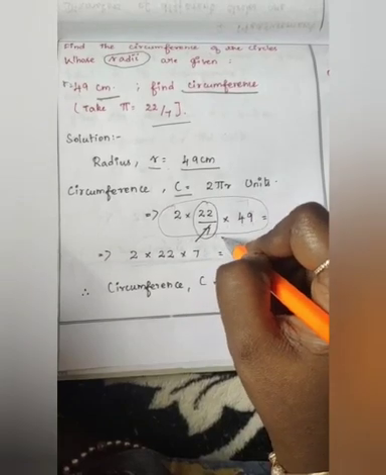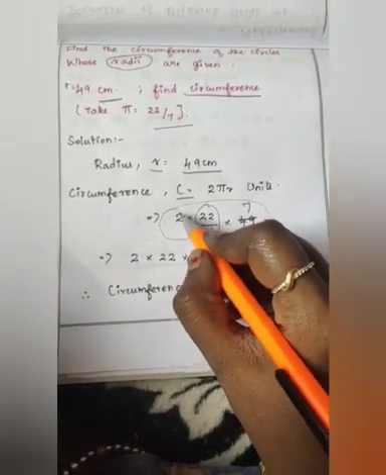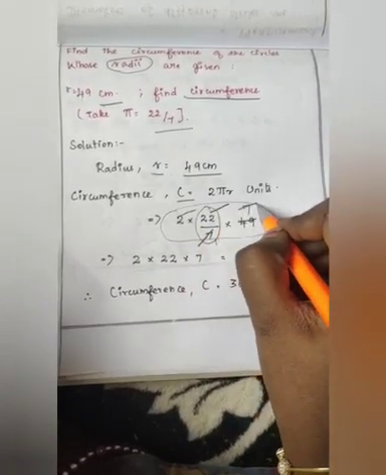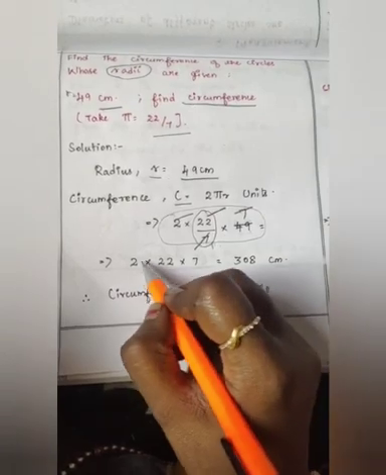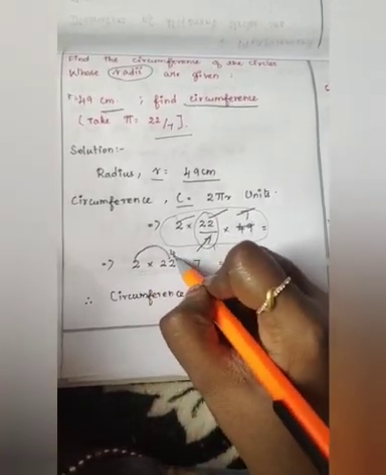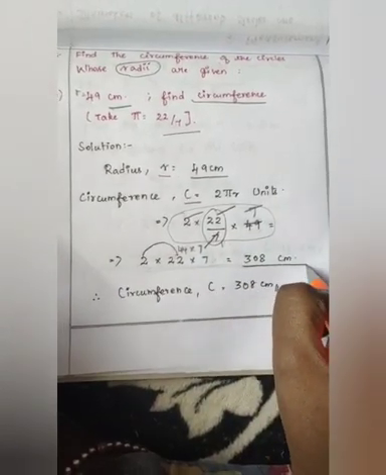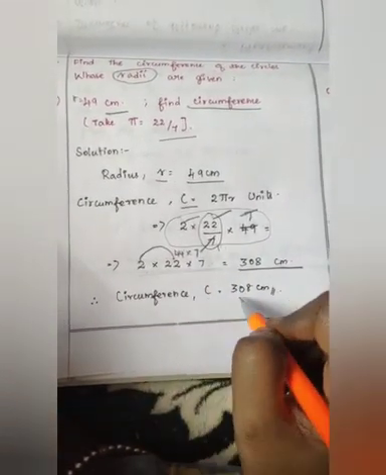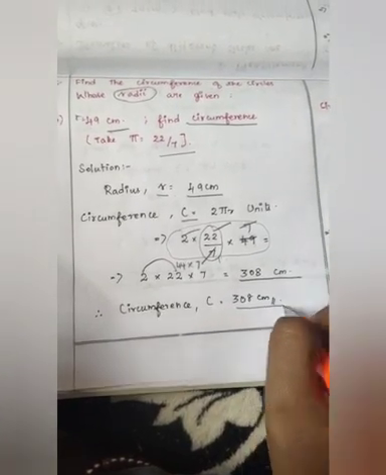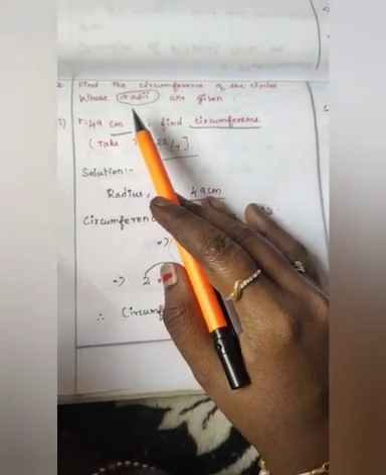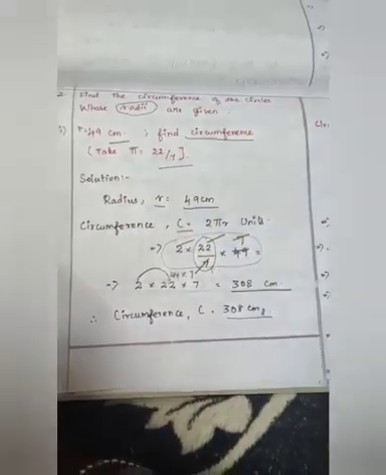In the 7 table, 7 becomes 1 time, 49 goes 7 times. Remaining 2 into 22 into 7. 2 into 22 equals 44. 44 into 7 is 308 centimeter. Therefore, the circumference of the circle is 308 centimeter. This is the way to find the circumference of the circle once the radius is given. Got it?